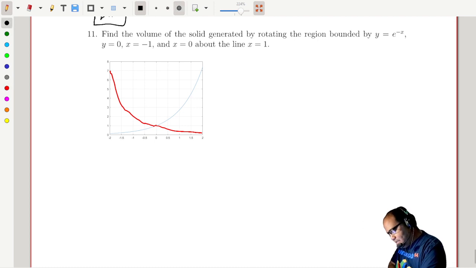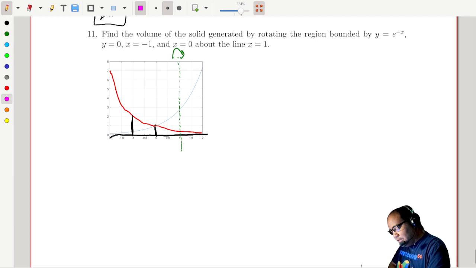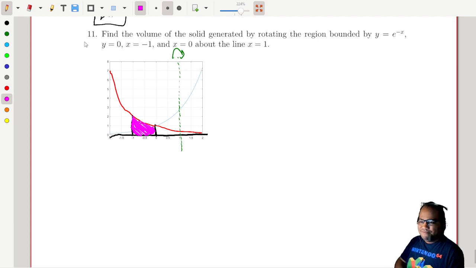Y equals 0 is the x-axis there. X equals minus 1. And then x equals 0. Around the line x equals 1. So the line we're rotating around is there, and the region that we want is this here. Go ahead and color it in fully so we're trying not to be confused. I should have double checked this. I'm sorry, kids.